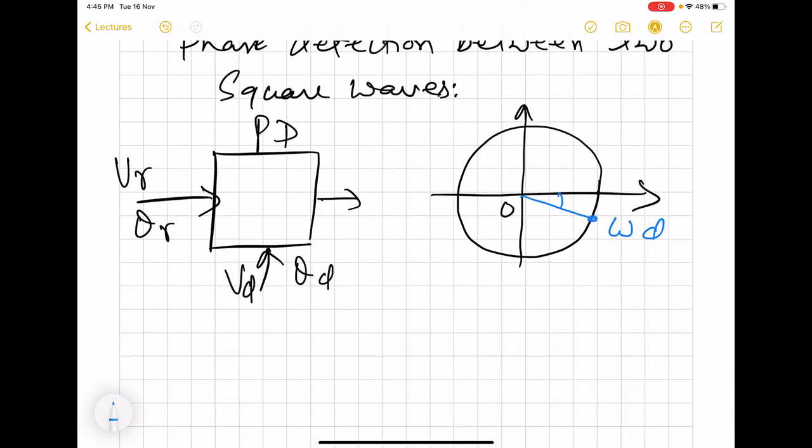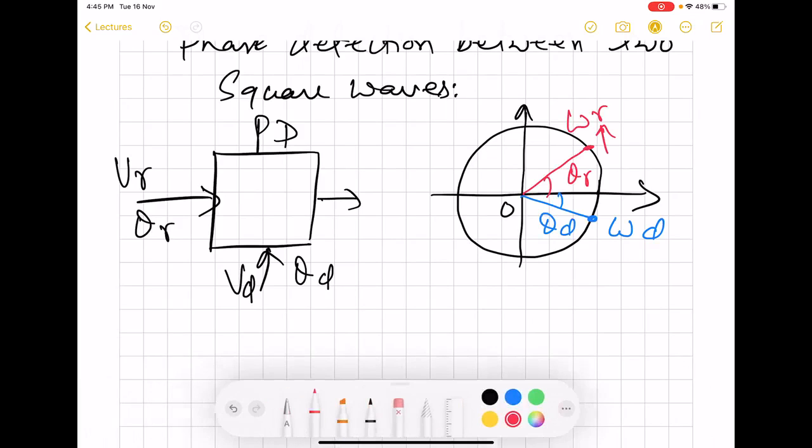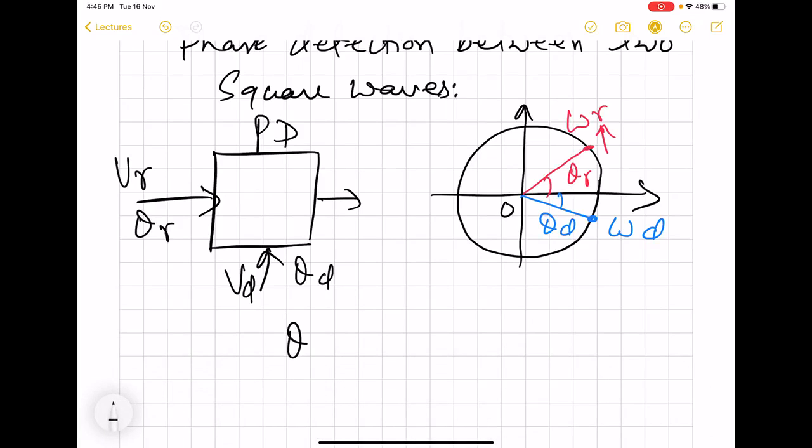So it has some negative phase, and omega r is here with a certain positive phase. So now we can see that theta e is theta r minus theta d. This is actually going to be plus of theta d, because theta d is negative.